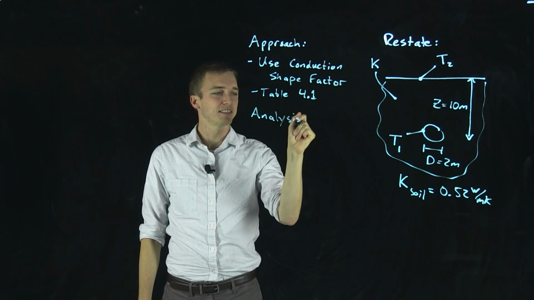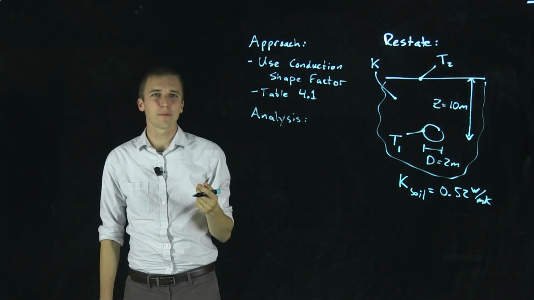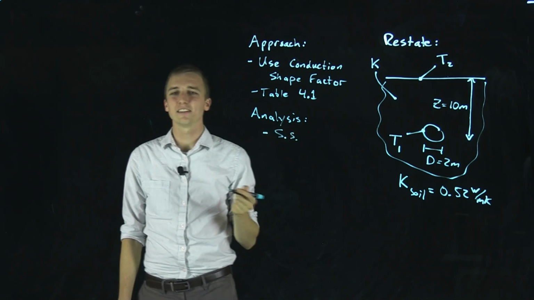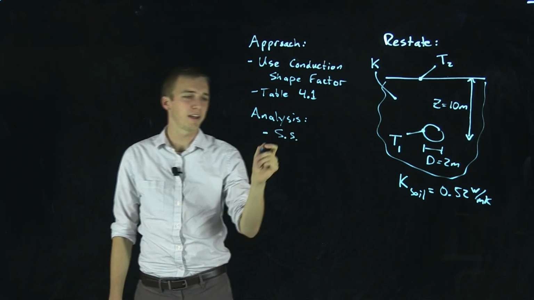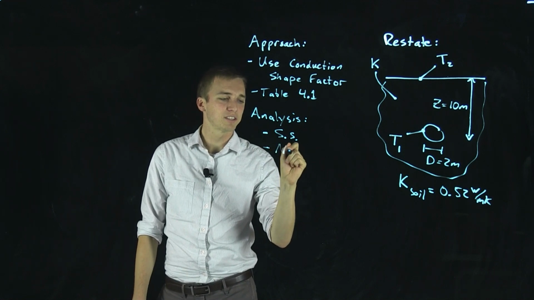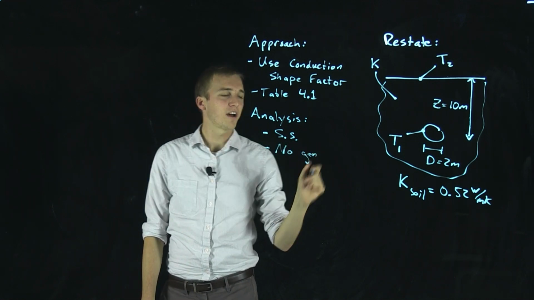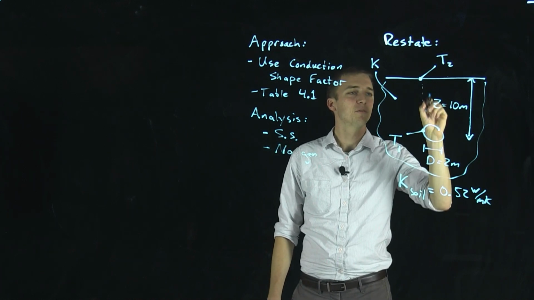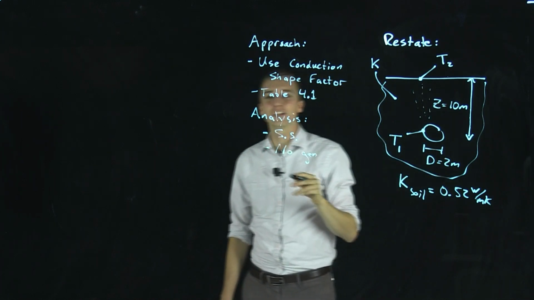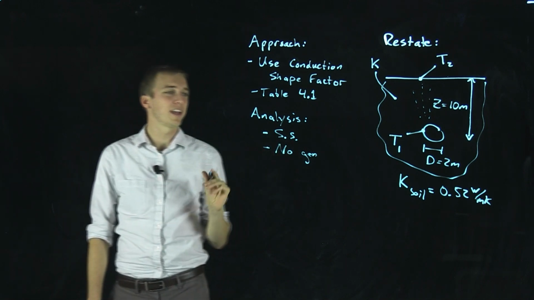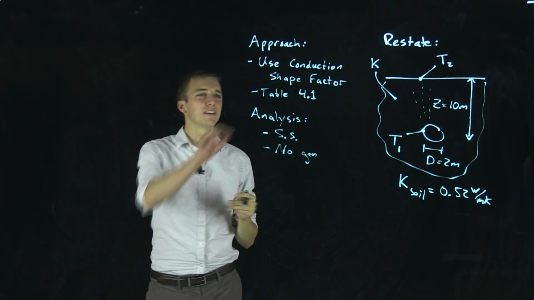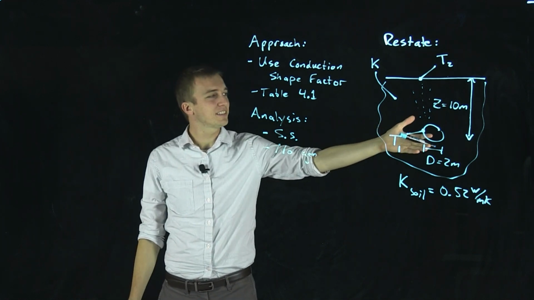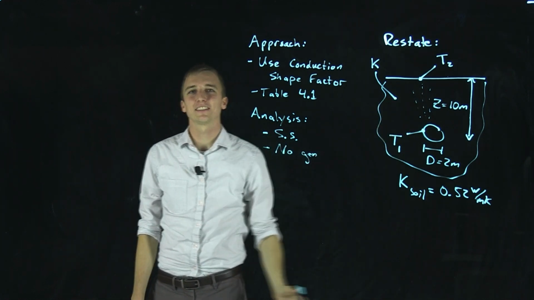Our analysis. We're going to start by stating our assumptions, which are steady state heat conduction, so nothing's changing with time. And also, since we're modeling the heat conduction through the soil, we actually don't have any energy generation in the soil, so we're going to say no gen. Okay, we go to table 4.1 and we look at our cases and we see case number 1 looks just like this.